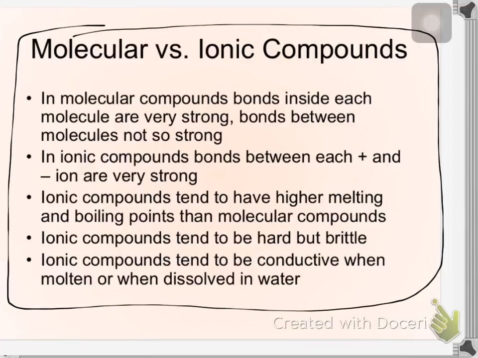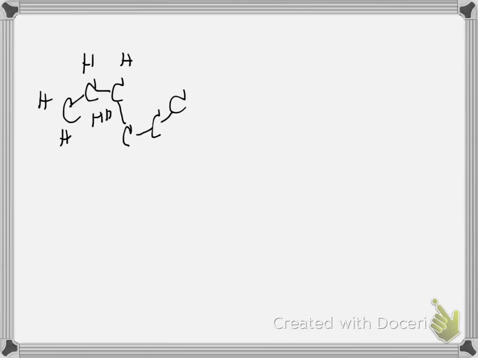In an ionic compound, you've got all these positive and negative ions shoulder to shoulder. So I'm going to draw something here for you. So this is just sugar. This is a very bad drawing of a very generalized sugar molecule.